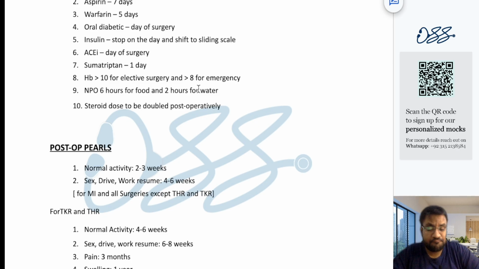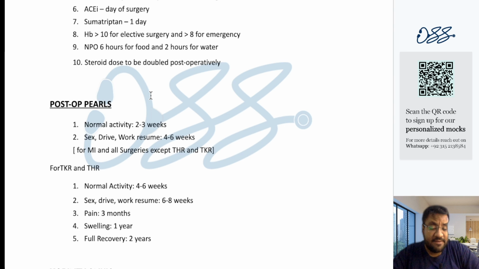Another advice that you need to have in your mind is the NPO. You need to keep the patient nil per oral for 6 hours for food and a minimum of 2 hours for water. In my home country we were very cruel. We used to keep the patient NPO for 10 to 12 hours.